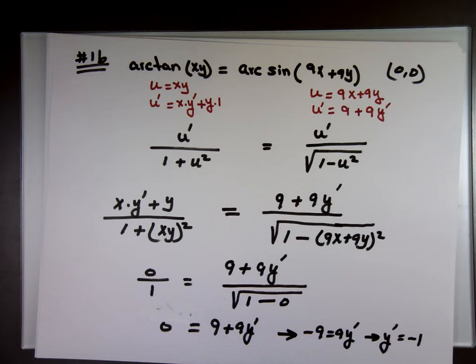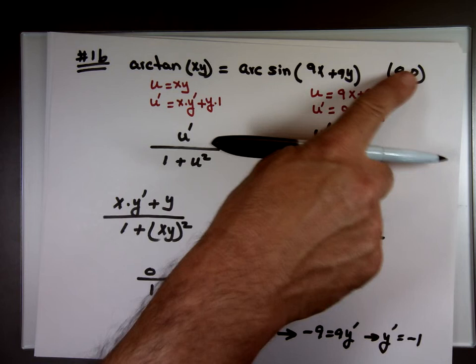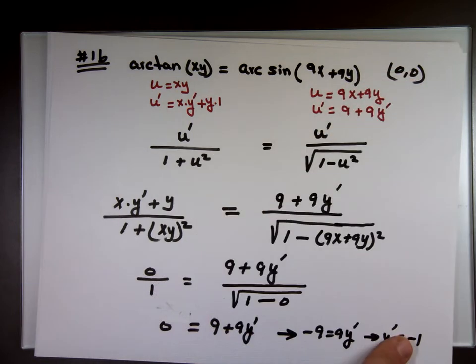They asked for the derivative at 0, 0, so it should be a number, it shouldn't be negative x. When you ask for the derivative at a point 0, 0, your answer does not have x or y in it, just a number. So I think they found the derivative as a function first, but never plugged it in. So what's the answer? Minus 1. Oh, it says that was wrong.